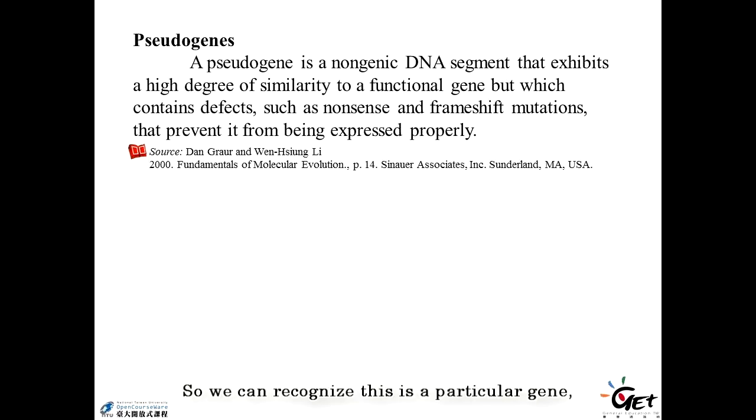So we can recognize this is a particular gene, and we'll say this is so-and-so's pseudogene. That's based on sequence similarity. And sometimes people also use chromosome synteny to trace the evolutionary origin and confirm this is indeed a pseudogene of gene A.